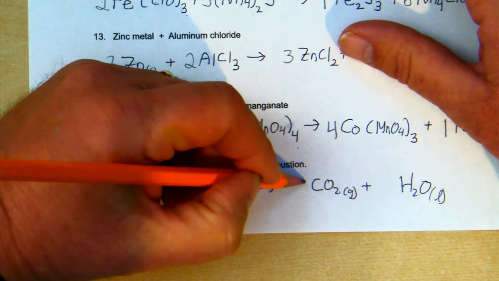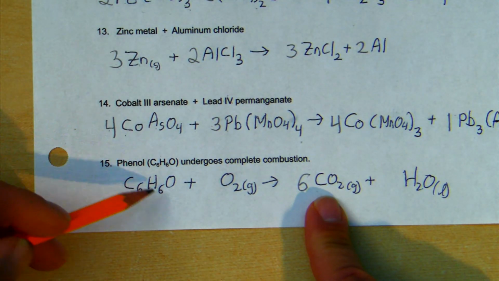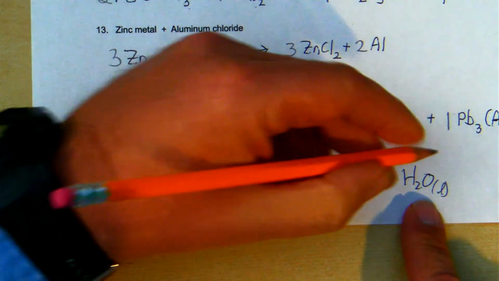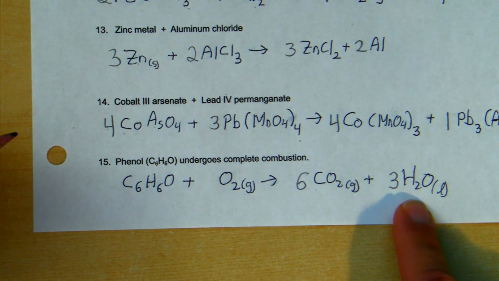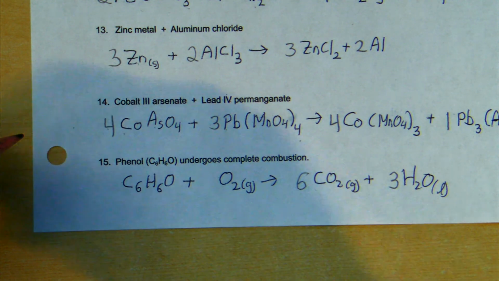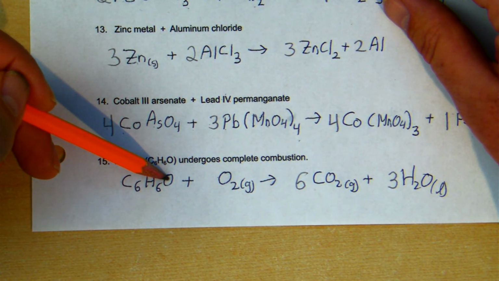6 carbons on the left, let's make it 6 carbons on the right. 6 hydrogens on the left, let's make them with a coefficient of 3 in front of the water, 6 hydrogens on the right. Now I currently have 3 oxygens on the left.